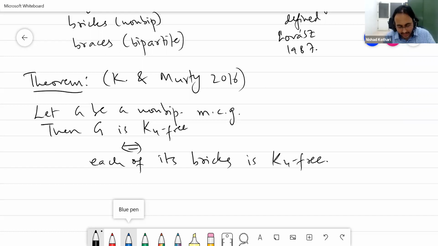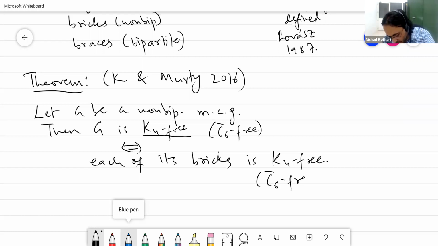Okay, and actually you don't need K4 here. You can also replace K4 by prism, and we are able to prove the same theorem. Actually, there's a more general theorem, but I will not define or state that here.